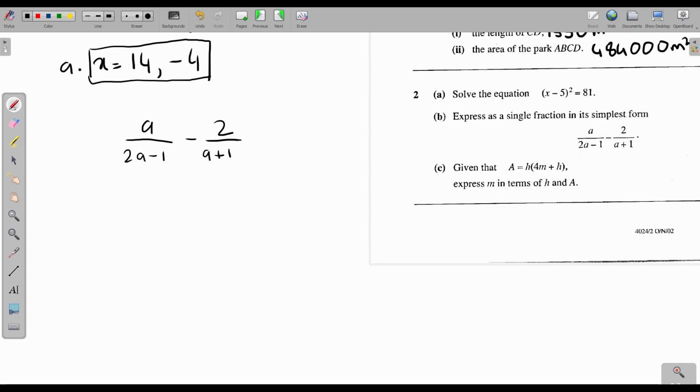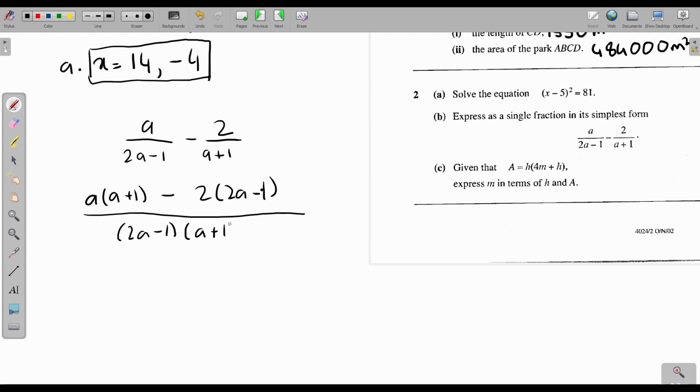So the first thing that we simply need to do is we need to multiply this side by a plus 1 and this side by 2a minus 1, right? And then that is on top of these two being multiplied by each other. And I'm not simplifying this, because even if I simplify it, if I refactorize it, I'll come back to here. So I do not want to simplify that right now, but let's simplify the top part.